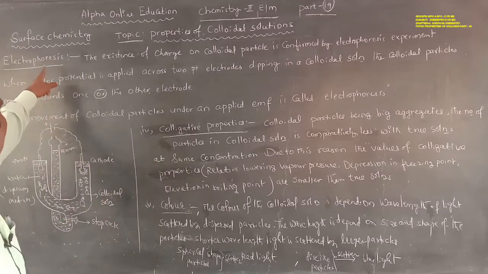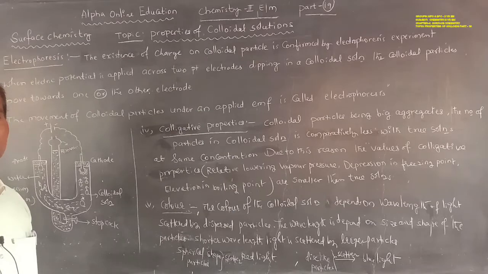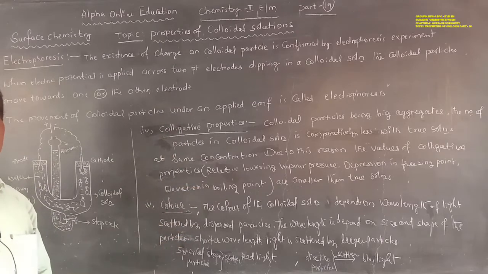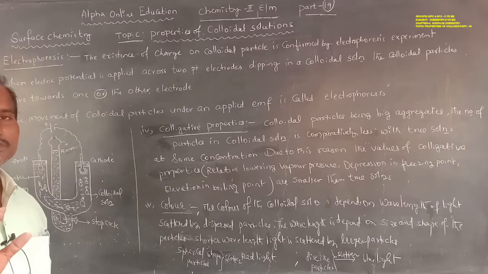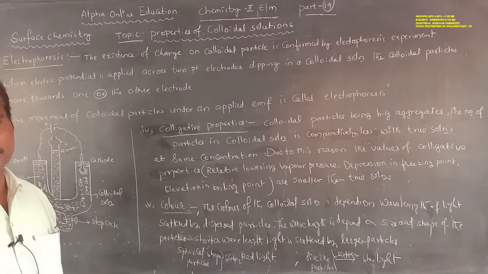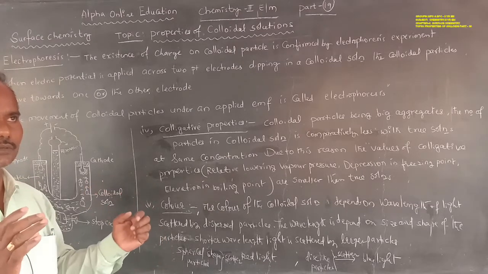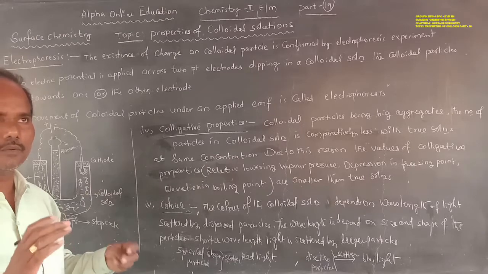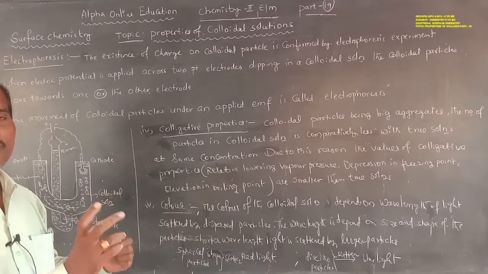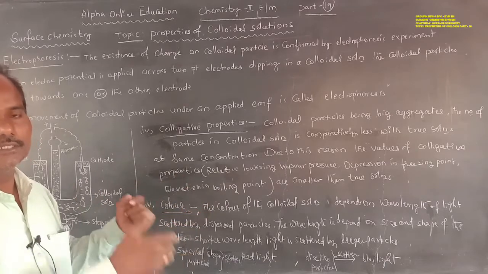Electrophoresis is based on the fact that colloidal particles are charged particles. Then, colligative properties: in general, colloidal solutions contain aggregates. Colloidal particles aggregate with one another and form cluster-like structures.